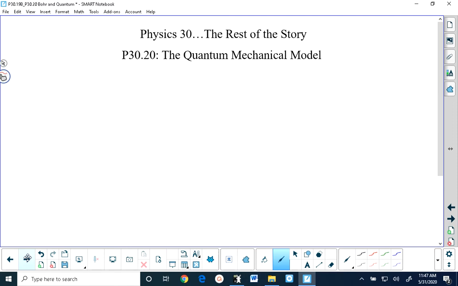Every model of the atom we've looked at so far can be described, for the most part, as a physical model. The Dalton model of the atom is like a billiard ball. The Thomson model of the atom is like a ball of chocolate chip cookie dough. The Rutherford model of the atom is like planets in orbit around a star.